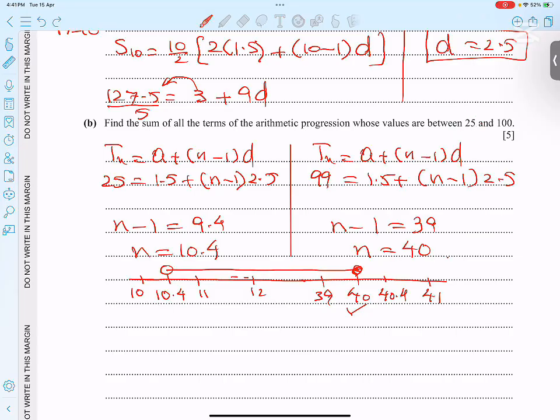So if I take 26.5, wait a minute please, subtract 1.5, divided by 2.5, yes, and I get it here. 11 terms.